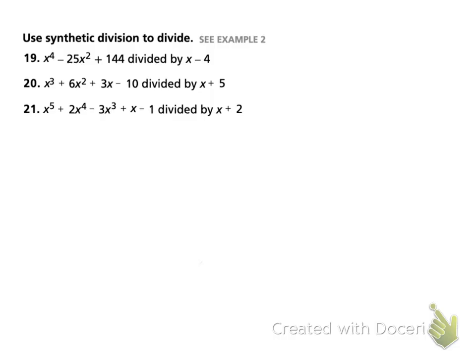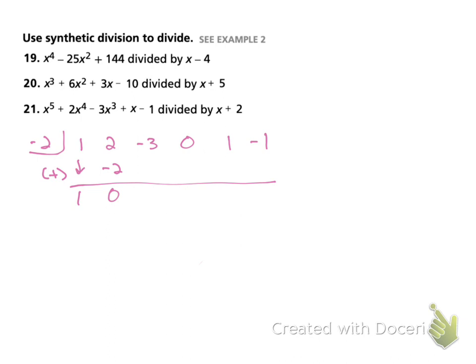21. 4, 3, we're missing a 2. So I'll have negative 2 in my box. Got 1, 2, negative 3. Need to add a 0 for the x squared. 1, negative 1. Addition. Bring down the 1. Negative 2 times 1 is negative 2. Add together, you get 0.